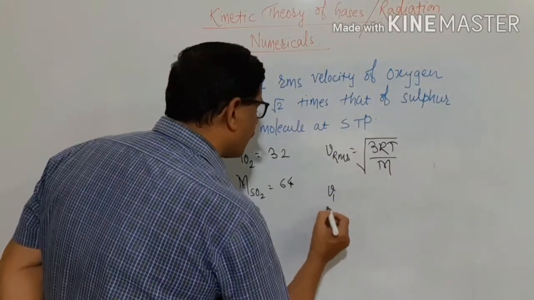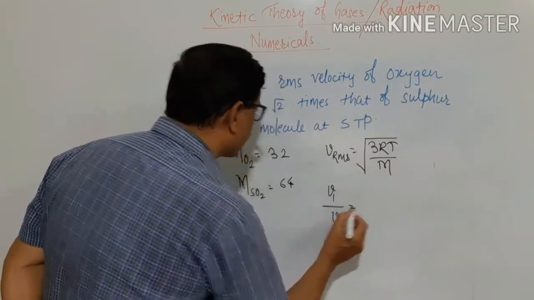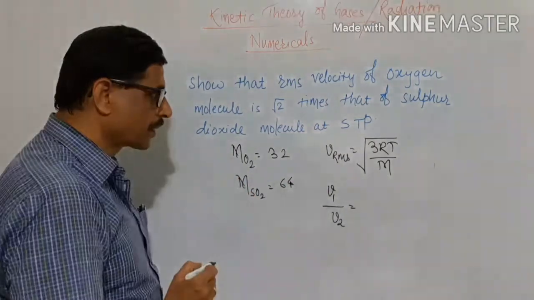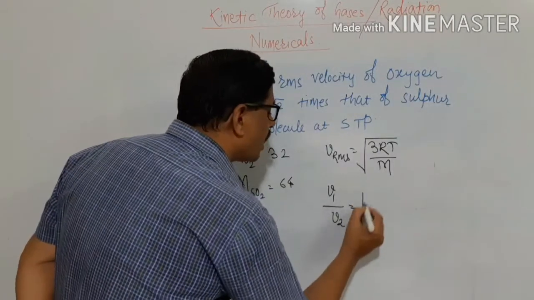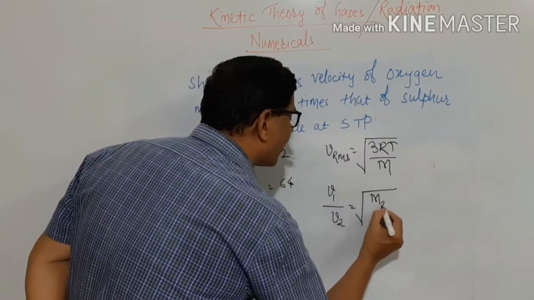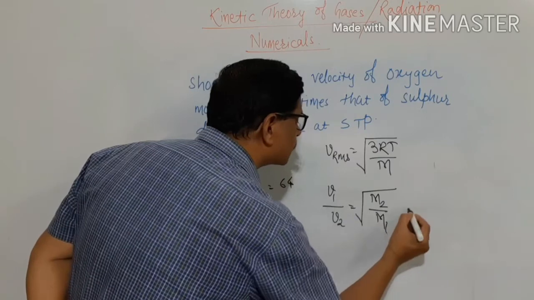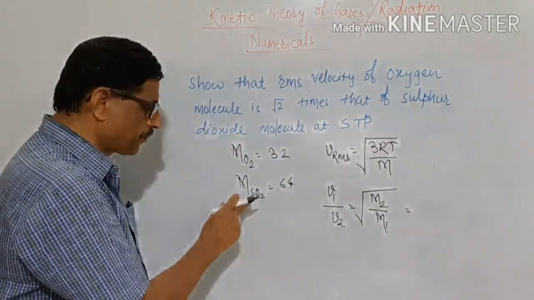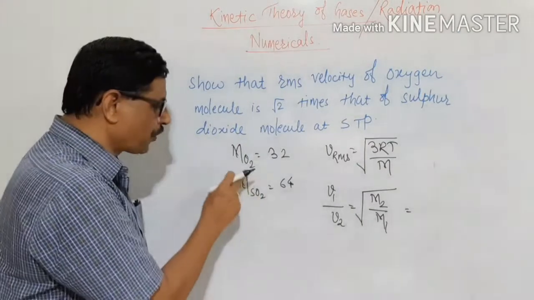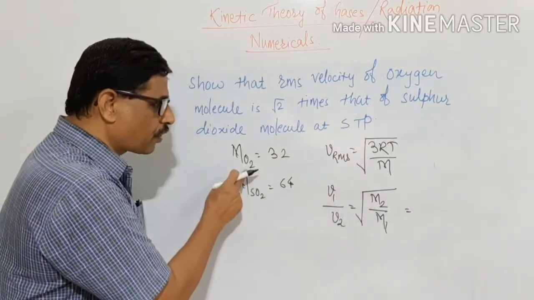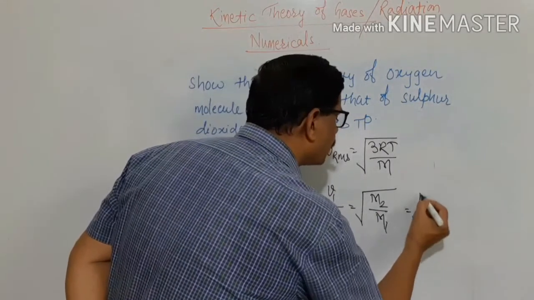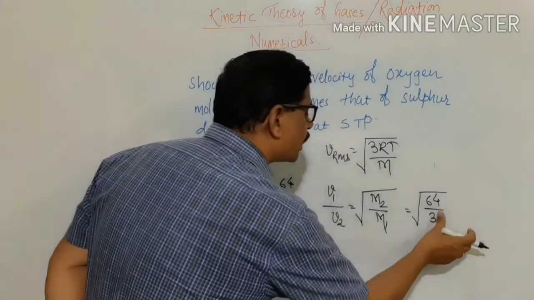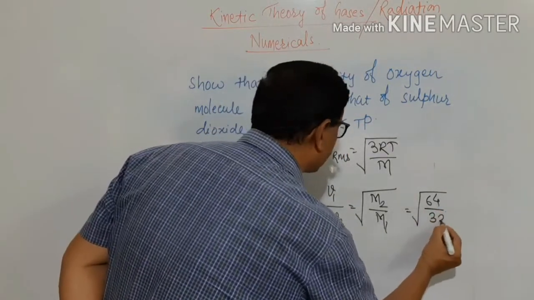Therefore, V1 upon V2, here 1 stands for oxygen and 2 stands for sulfur dioxide, is equal to under root of M2 divided by M1. Therefore, M2 is 64 divided by 32.